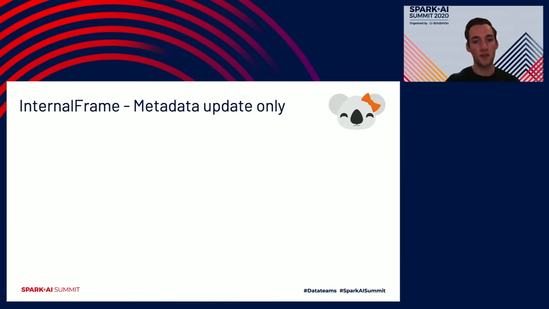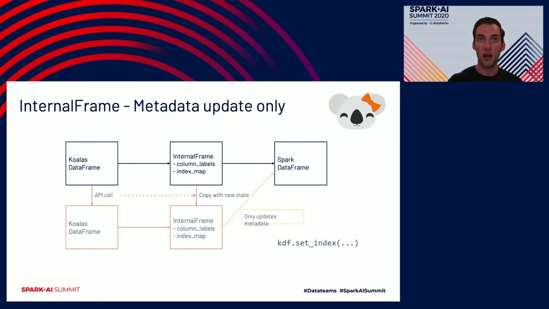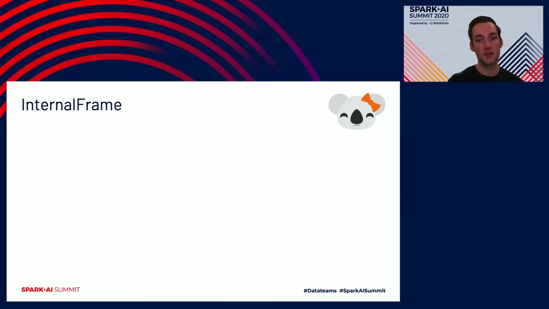Sometimes an update of the Spark data frame is not actually necessary, and we only require to update the metadata of the internal frame. Examples of this would be renaming a column or setting the index by calling .setIndex on the Koalas data frame itself. On the other hand, sometimes an API call will require Koalas to update the internal state instead of returning a new data frame.